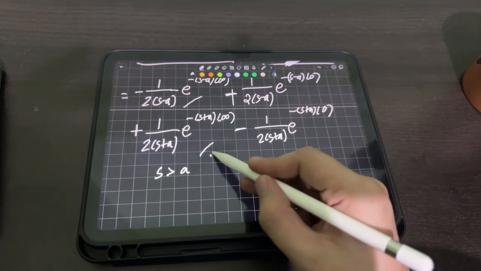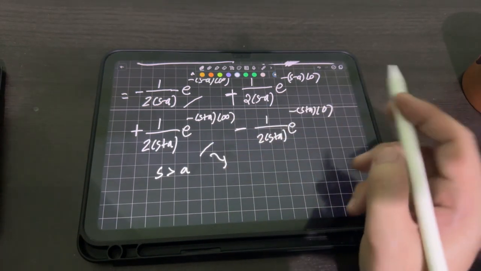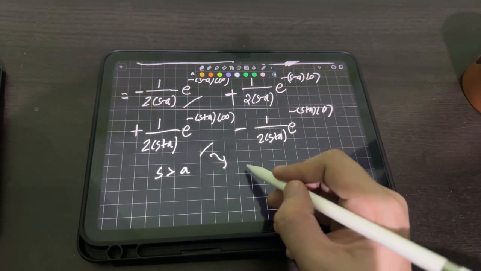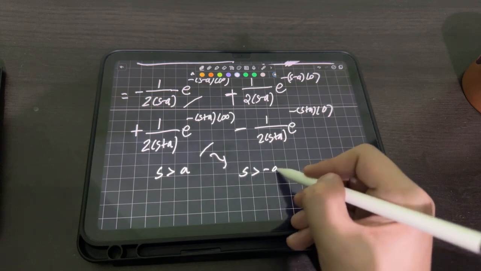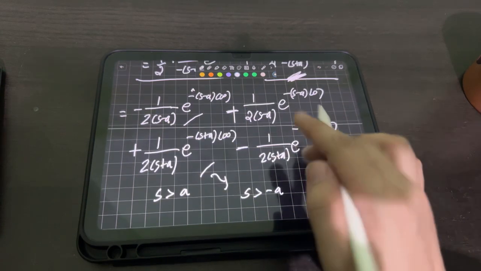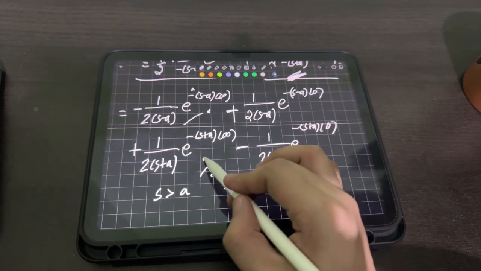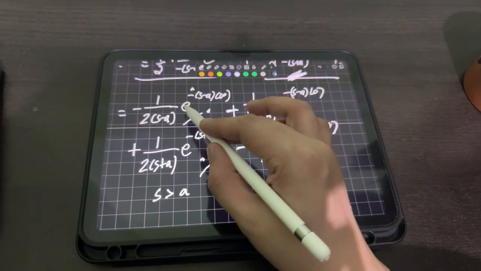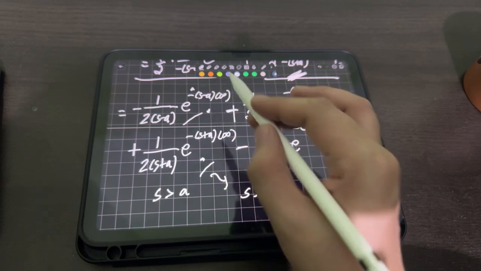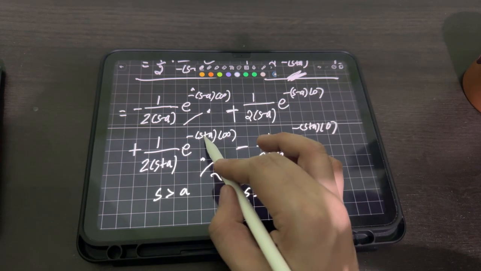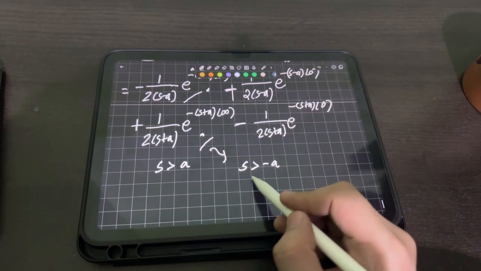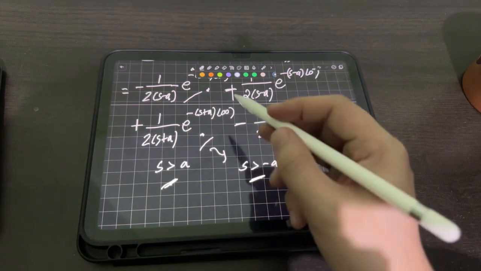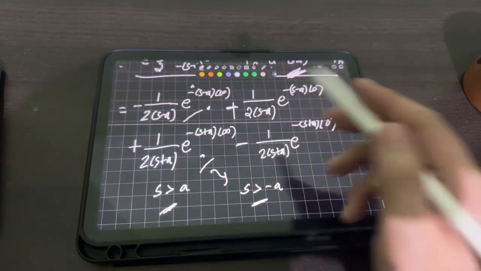Also, for this one, if we assign s to be greater than negative a this time, because this term is different from this term. The exponent of e here is e to the negative s minus a, while here it's e to the negative s plus a. That's why they have different restrictions for s, for this term to converge to 0.